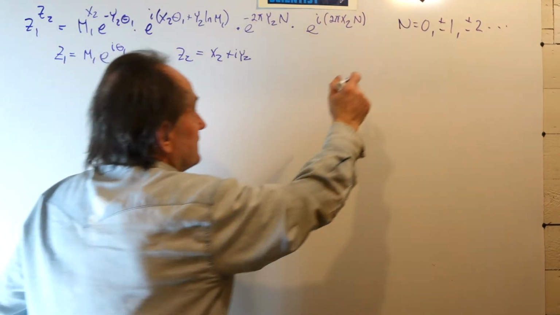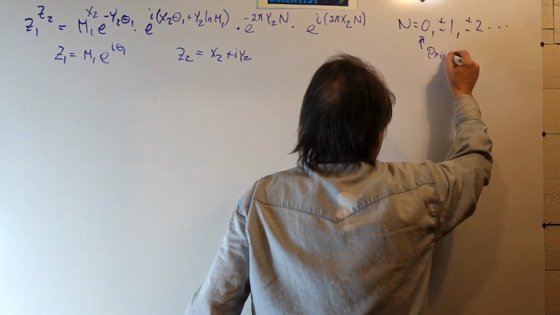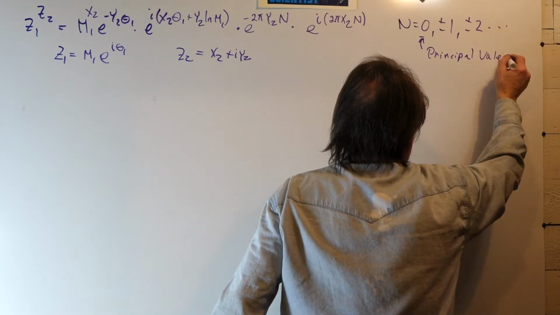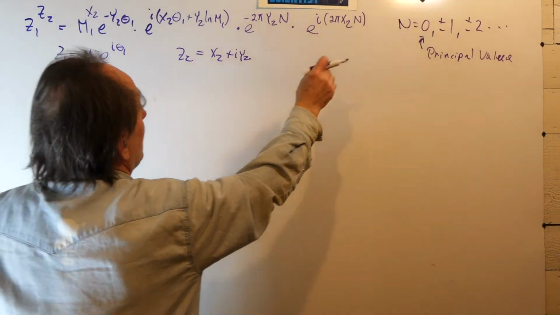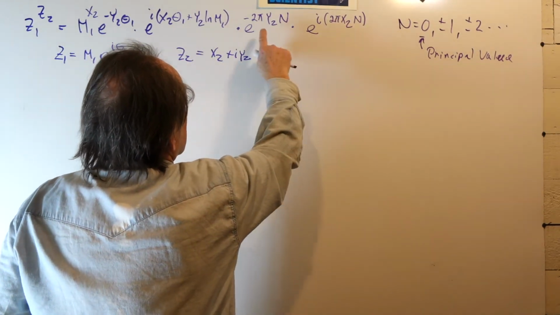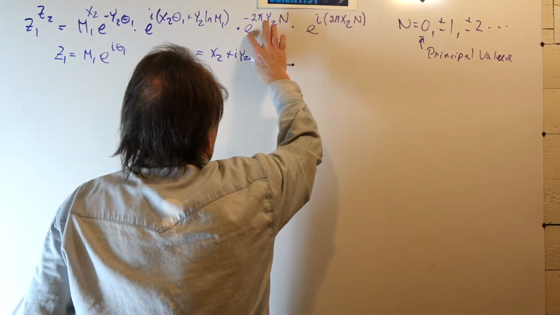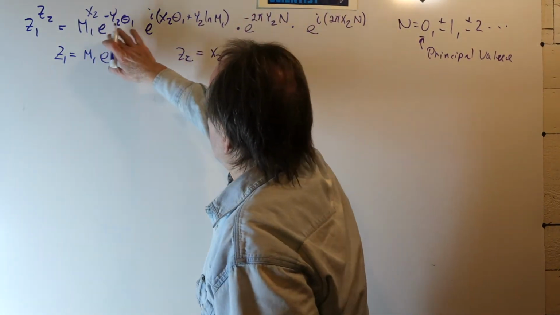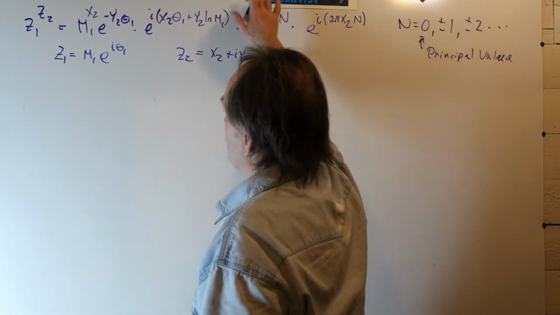When n is equal to 0, we get the principal value of z1 raised to the z2 power. When n is 0, the exponents become 0, e to the 0 power is 1, so this just drops out. So this part is the principal value here when n is equal to 0.